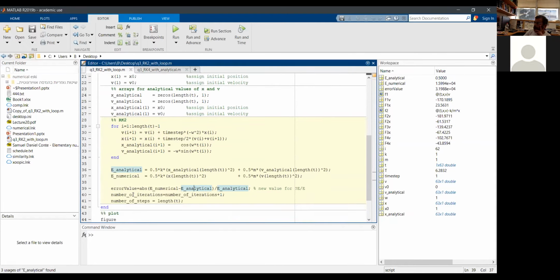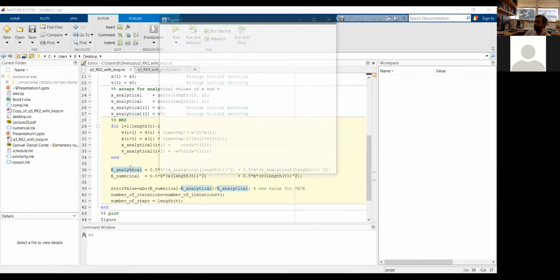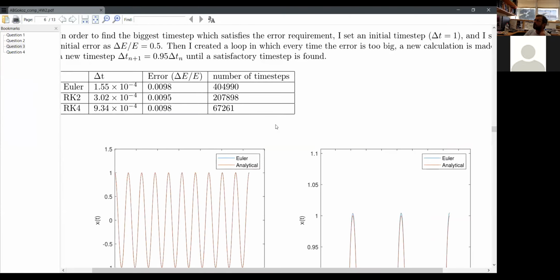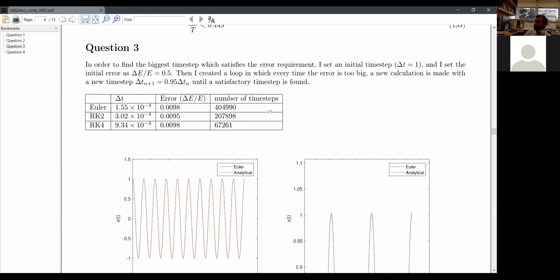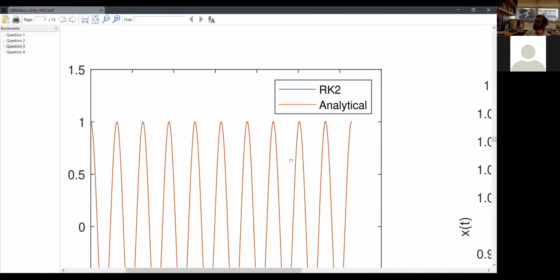What did you get? I get a much higher value than you were asking for. I can show you. So here, you see the... Yeah, right, that should be much smaller. Yes, exactly. But when I look at the plots, it looks fine.